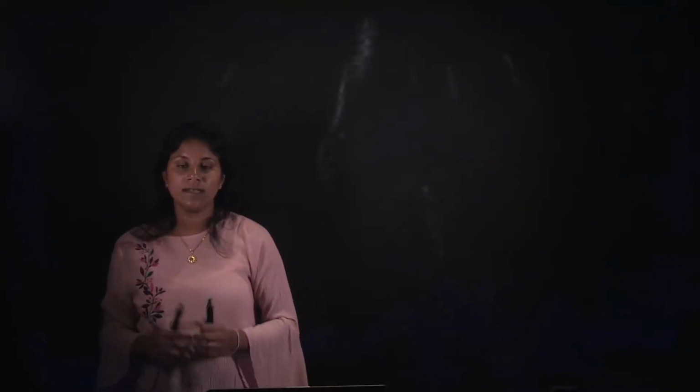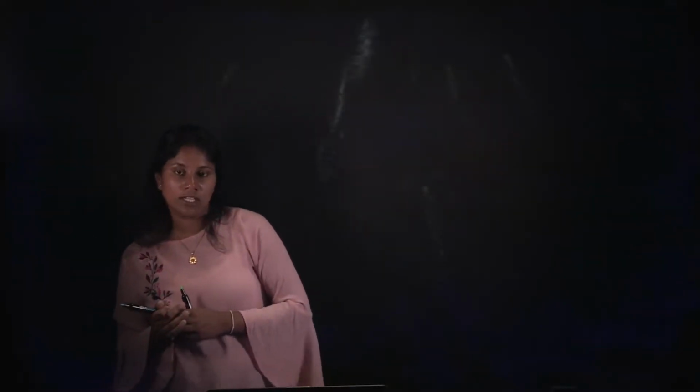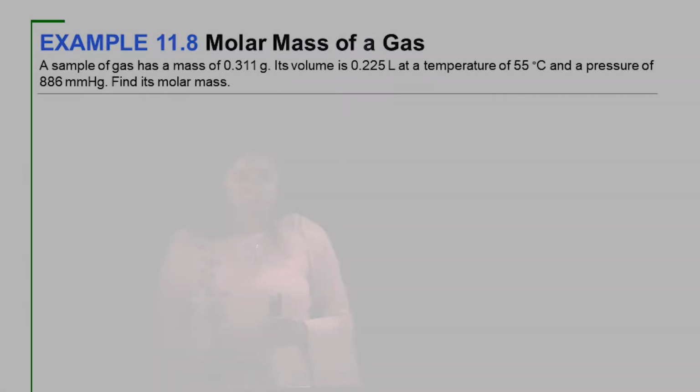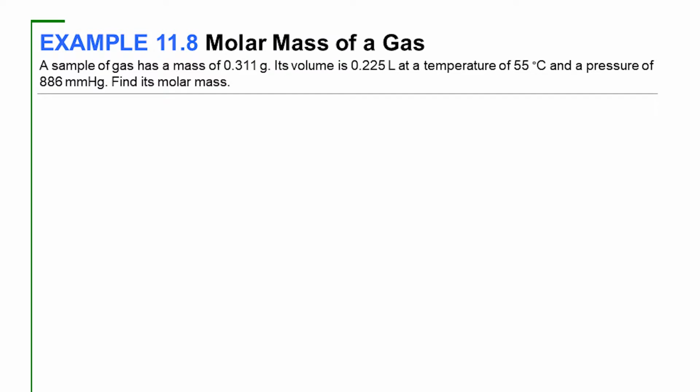Our next question, again using the ideal gas equation, is to find the molar mass. Let me read the question for you. A sample of gas has a mass of 0.311 gram. Its volume is 0.225 liters at a temperature of 55 Celsius and a pressure of 866 millimeters mercury. Find its molar mass.